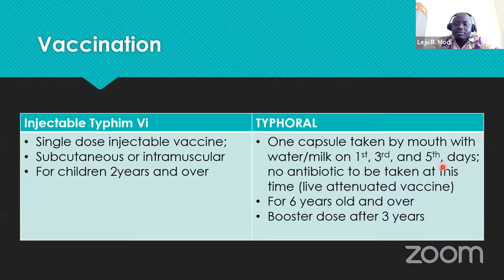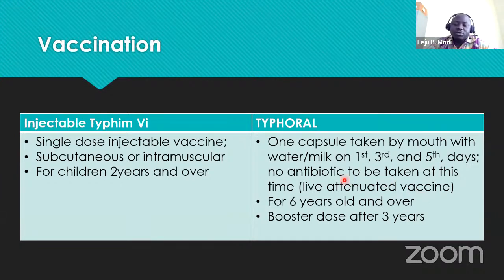Within this time, ensure that somebody is not also taking another antibiotic, because the oral typhoid vaccine is a live attenuated vaccine. So the Salmonella typhi is just weakened to be put in the body so that it can trigger the manufacture of body defense against future infection with the bacterium.